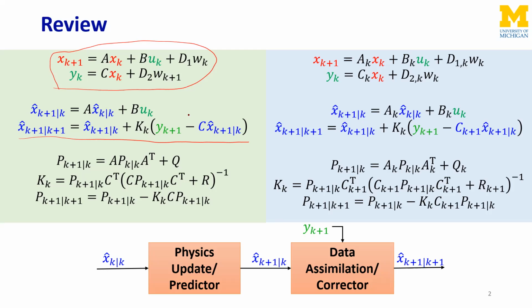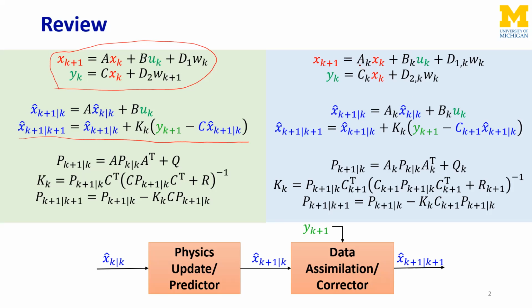Now, in this particular case, I showed you the derivation for the case where A, B, C, D1, and D2 were constant matrices, but they don't have to be. Like I discussed in the previous lecture, you can just replace them by A_k, B_k, and so on, and the rest of the derivation remains exactly the same.